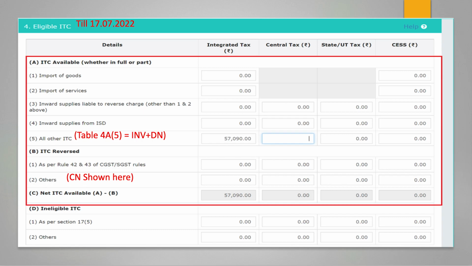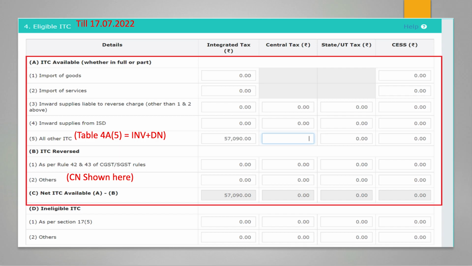Now, if you remember, table 4 pertains to input tax credit. It tells you the eligible ITC. I will use the pen here. Okay, if you look at this, this table is applicable till 17/7/2022.